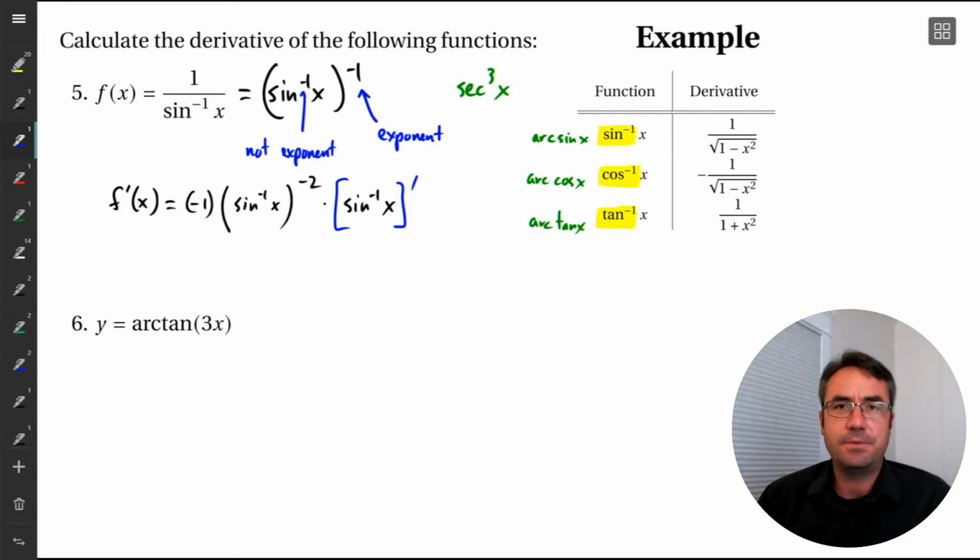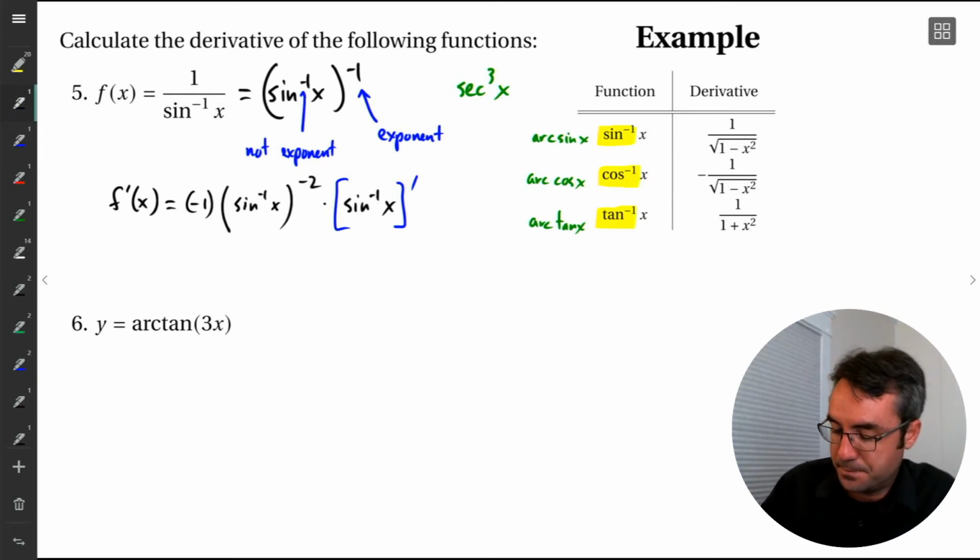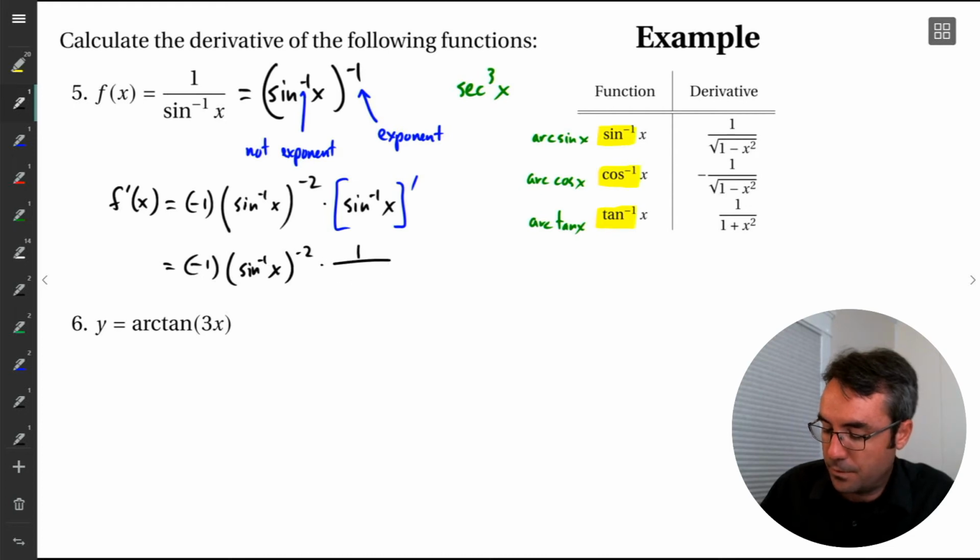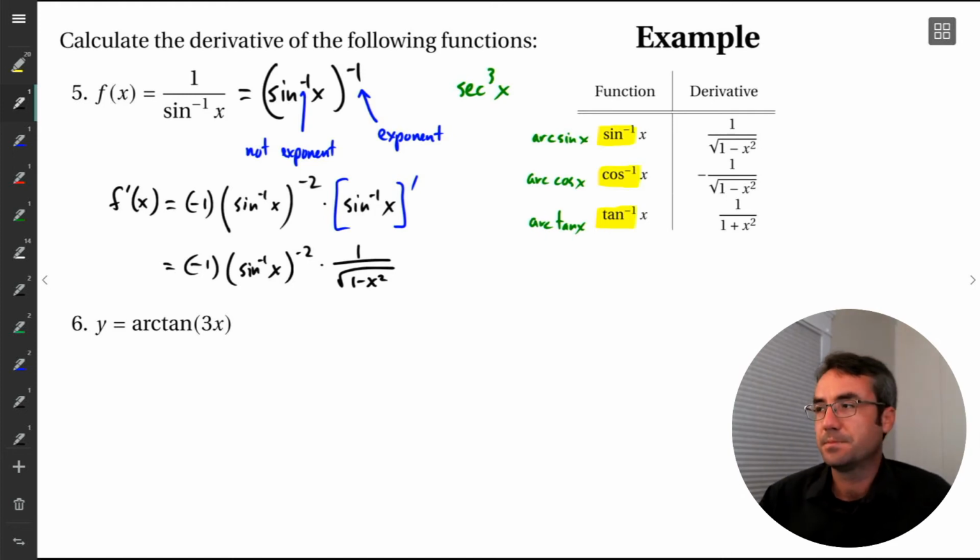Now I need to remember, what's the derivative of inverse sine? Here we go. The derivative of inverse sine is 1 over the square root of 1 minus x squared.